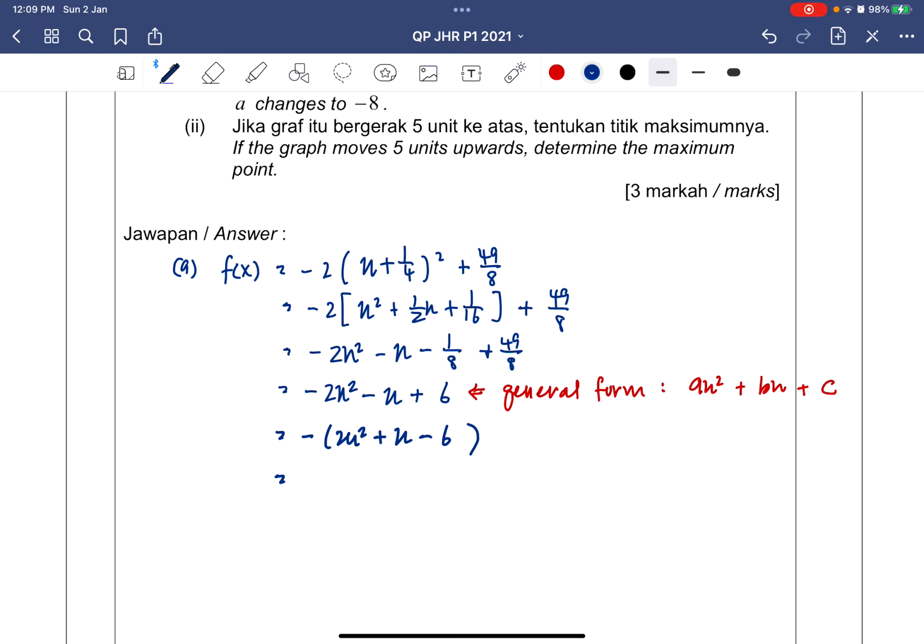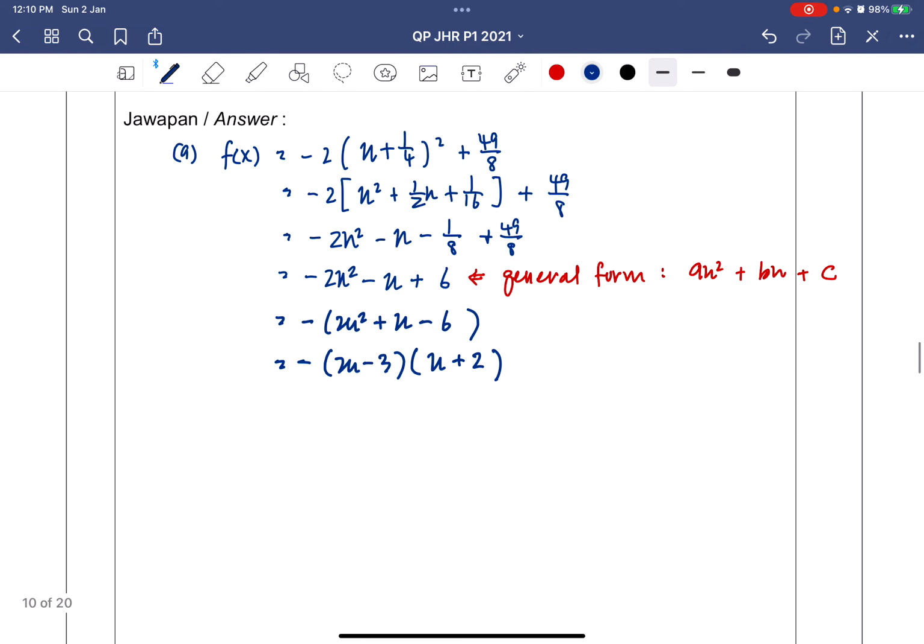So I will factorize 2x squared, x, and negative 6. For this, I will get (2x minus 3) and (x plus 2). Yeah, that's it.